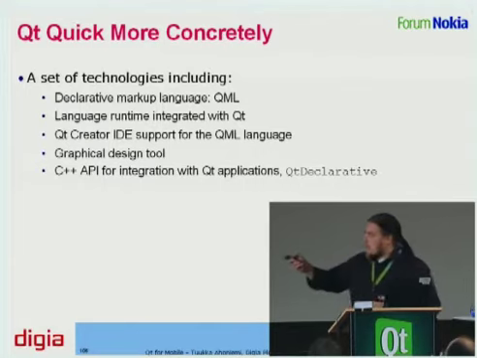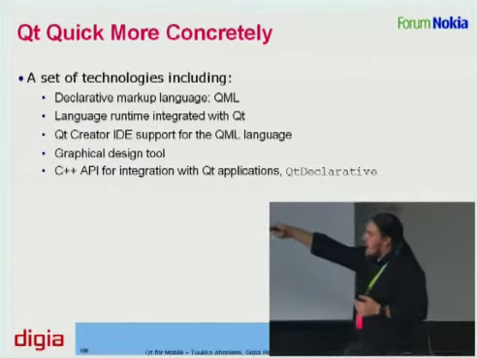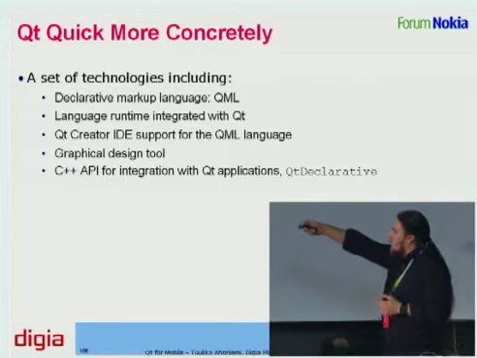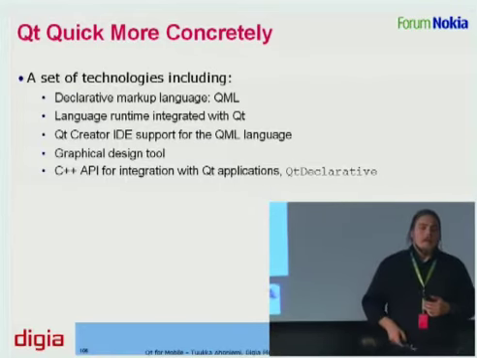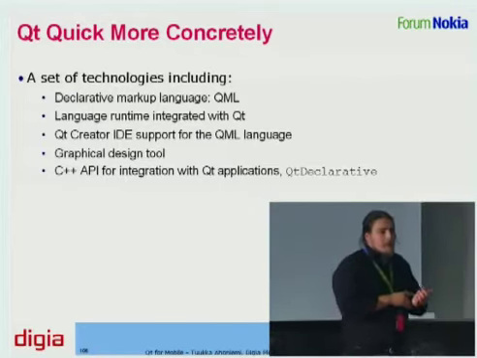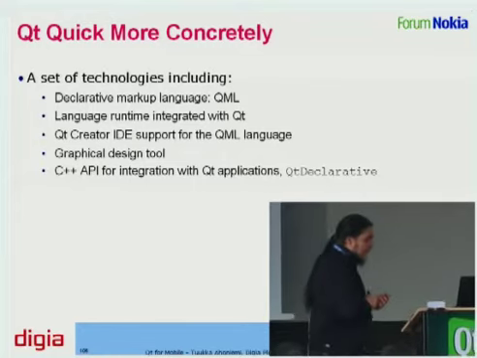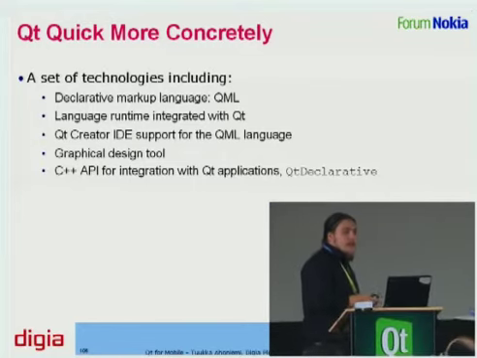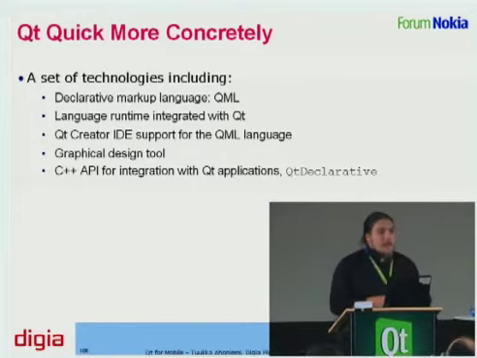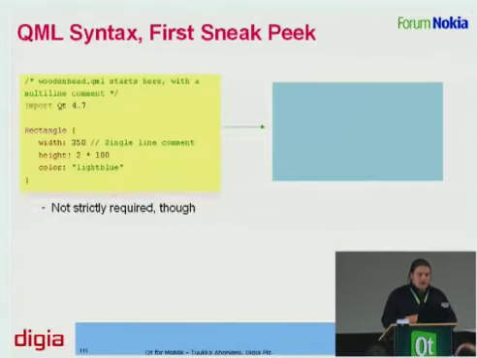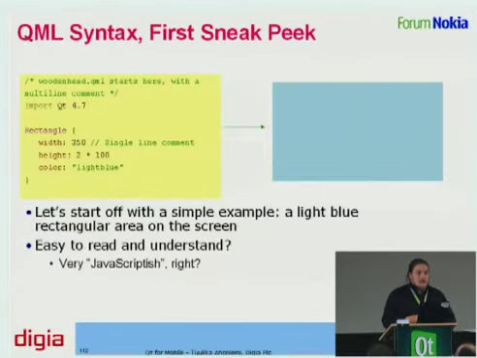And for that, you need the Qt Declarative module. This is a C++ API, a new set of classes meant for loading and communicating with things defined in QML files. Okay, enough talk, let's just go here.